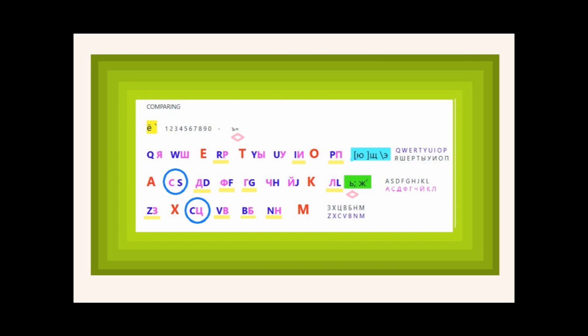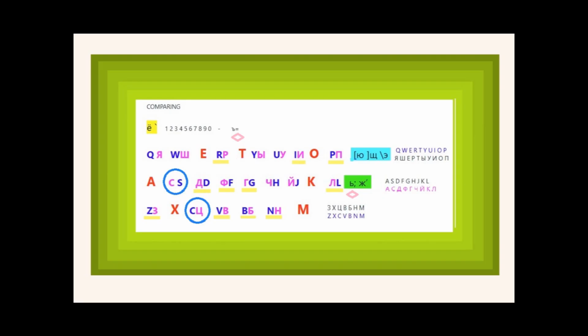The next, I already explained, two circled with blue. This will be Latin C and Russian С. The next will be three marked with yellow. Russians, they will be В, Б, Н. English, V, B, and N. And the last is M.